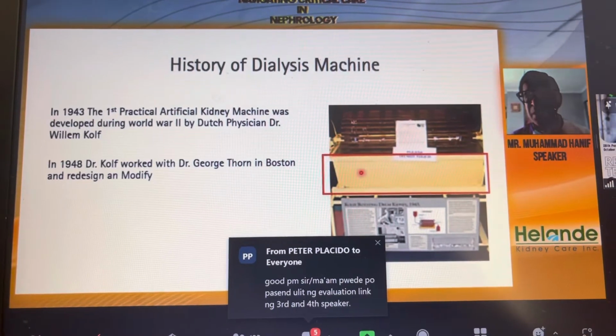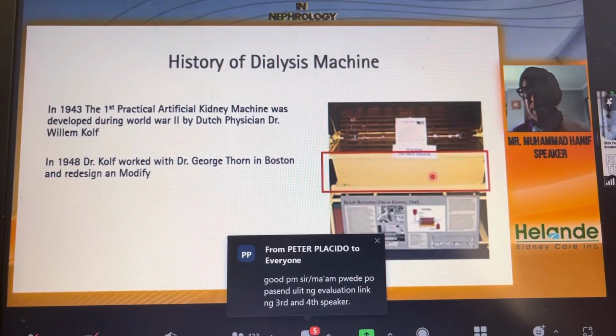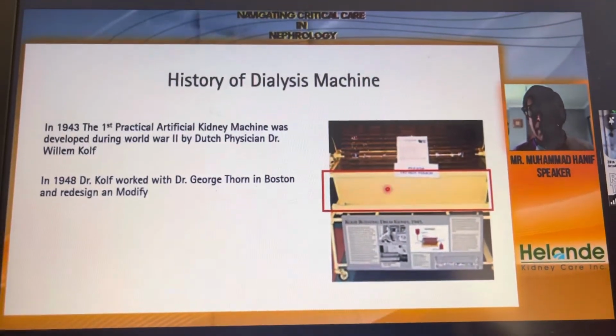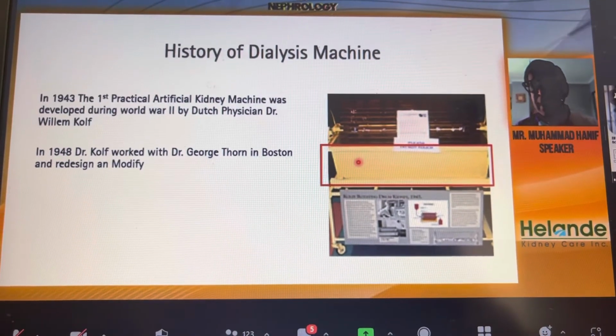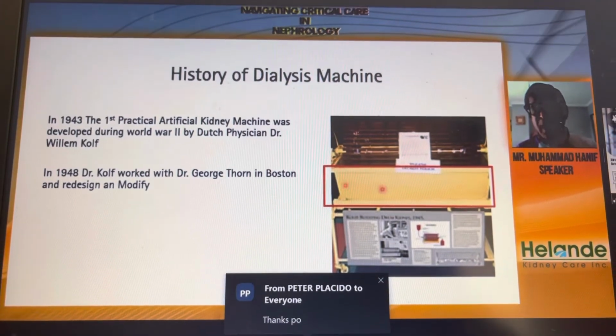Just imagine, they didn't have the luxuries that we have today, where we have acid concentrate and bicarbonate separate and mixed together. In the past, they had only one option, which was to prepare the dialysis solution in the bathtub. And maybe the question is, why a bathtub?